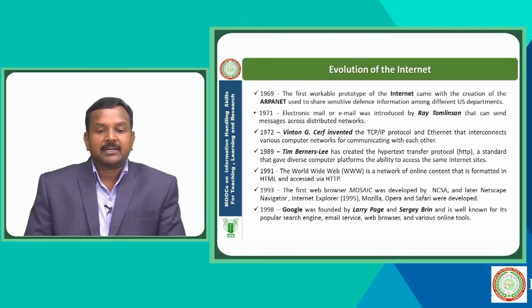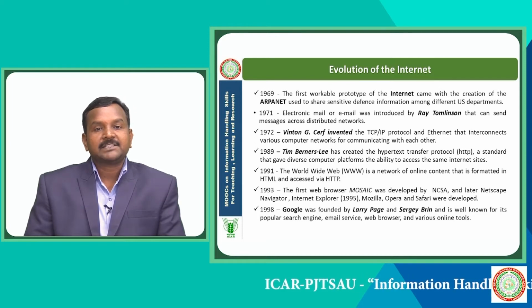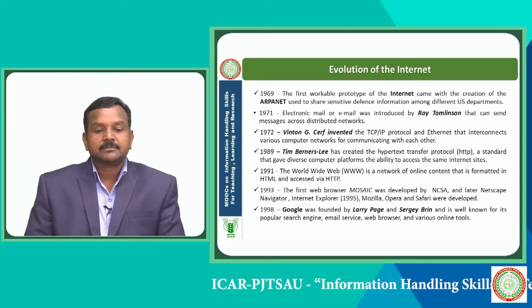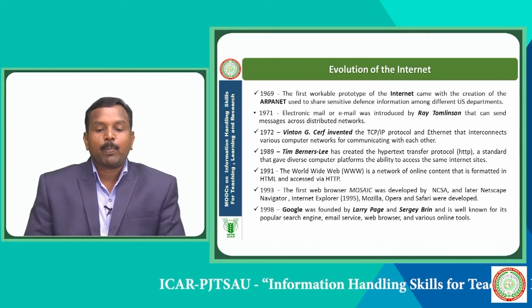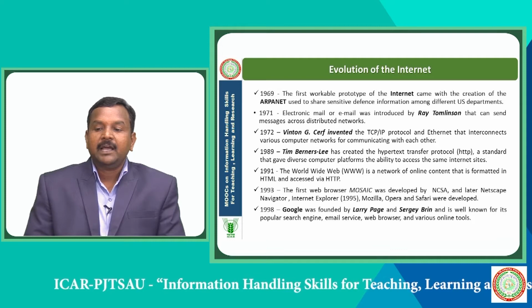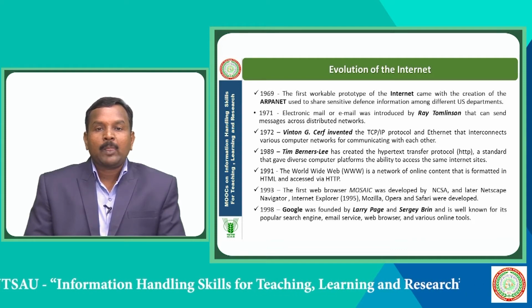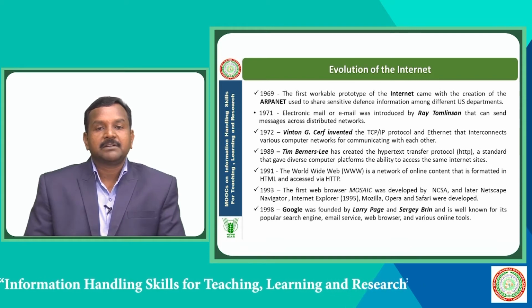In 1991, the World Wide Web or WWW was developed, which is a network of online content that is formatted in HTML and accessed via HTTP. In 1993, the first web browser Mosaic was developed by NCSA and later Netscape Navigator, Internet Explorer, Mozilla, Opera and Safari were developed.